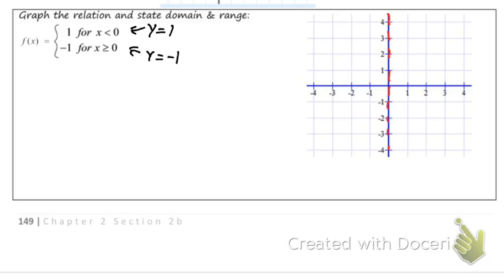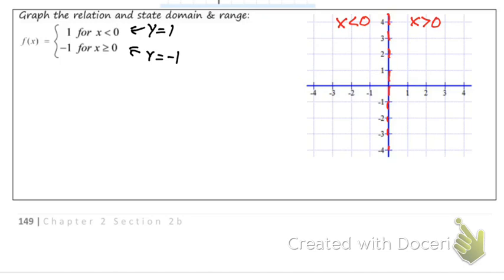Because if we look at the left-hand side, that is where x is less than 0. The right-hand side is where x is greater than 0. That can make this a lot easier to graph. Because I look at the left-hand side, it says, find out where x is less than 0. So I find that in here. Well, it says when it's less than 0, we're going to graph y equals 1.